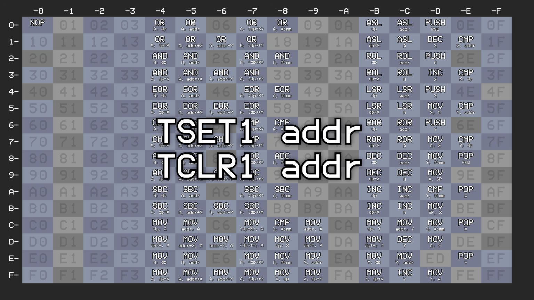These logically AND the accumulator with the value at the specified address, setting all of the processor flags accordingly, but doesn't actually modify the accumulator. Then the bits in the accumulator are treated as a bit mask, and those bits in the memory location are either set for tset1 or cleared for tclear1.